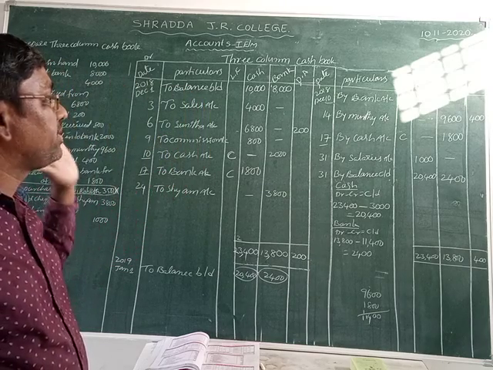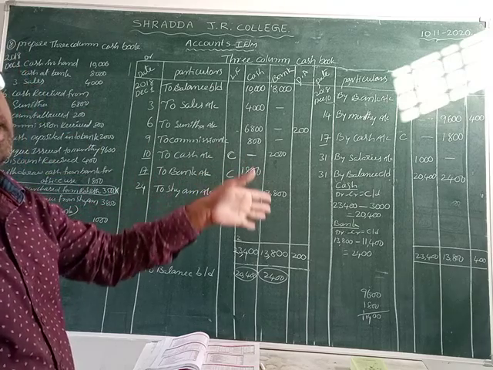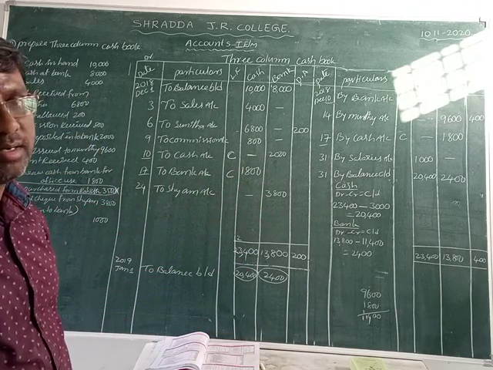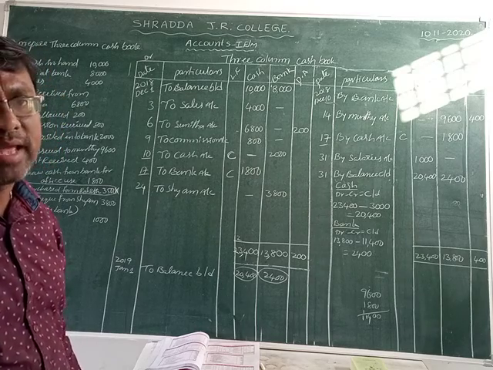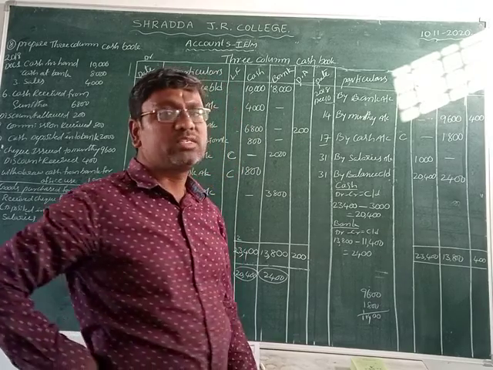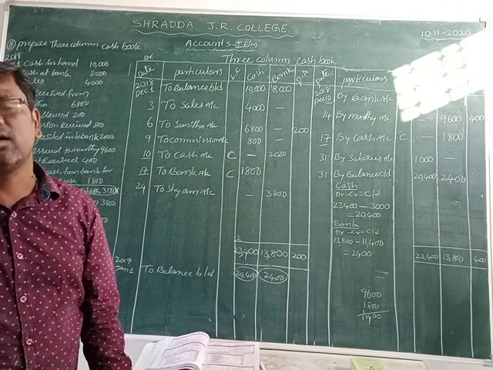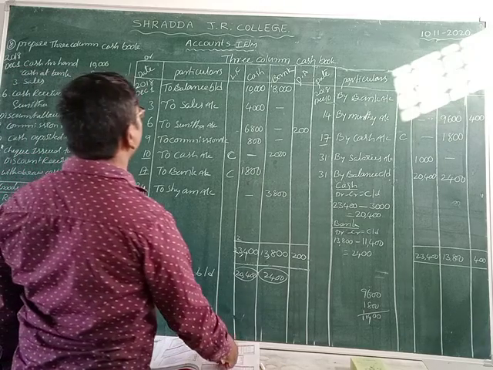It is simply a contra entry, because this transaction involves both cash and bank. That's why we do it in the cash account and the bank account, on the debit side and credit side. So it is a three-column cash book.